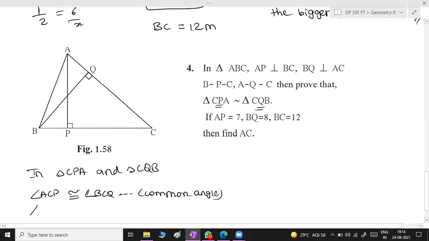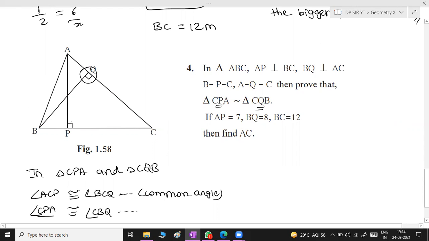Also I can see angle CPA is congruent to angle CBQ, CBQ ही लिखना, or else similarity will go wrong. Since both measure 90 degrees, look in the figure.